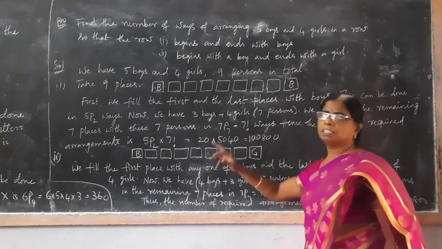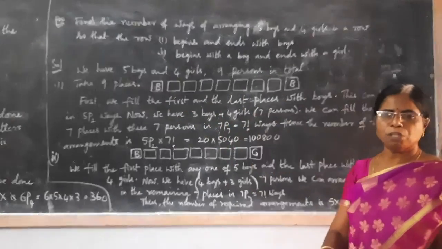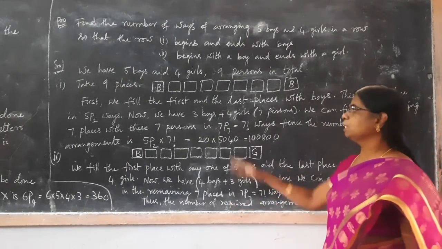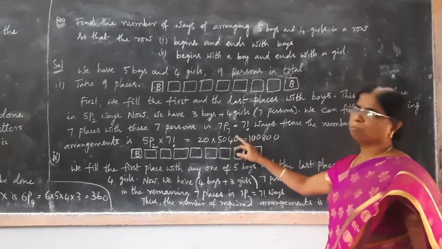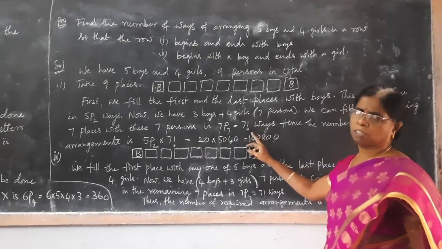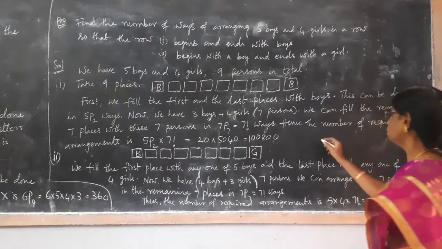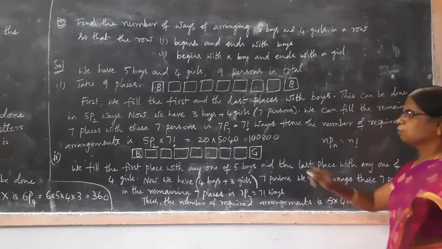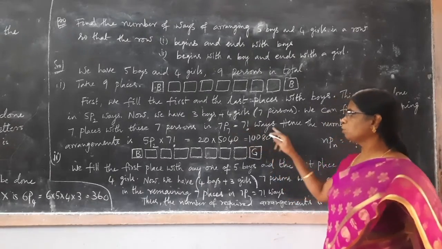This can be done in 7p7 ways. 7 persons and 7 places, take 7 out of 7 and arrange. So that is 7p7 ways. 7p7 means 7 factorial. In general, already I told you that npn is equal to n factorial. So 7p7 is 7 factorial ways.